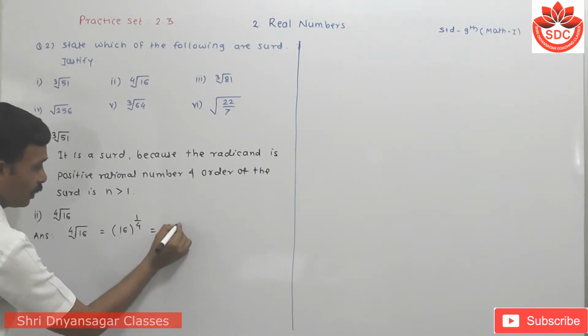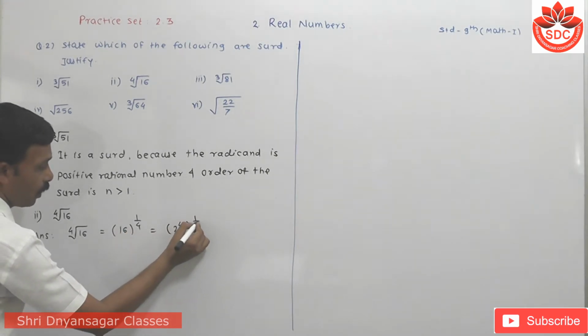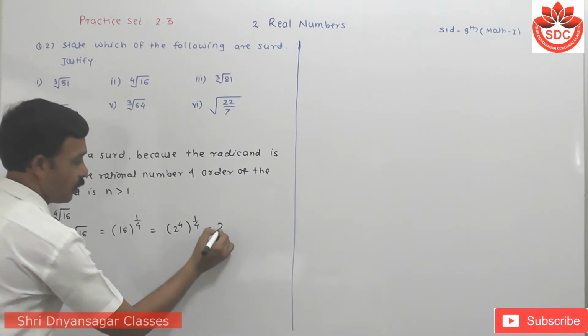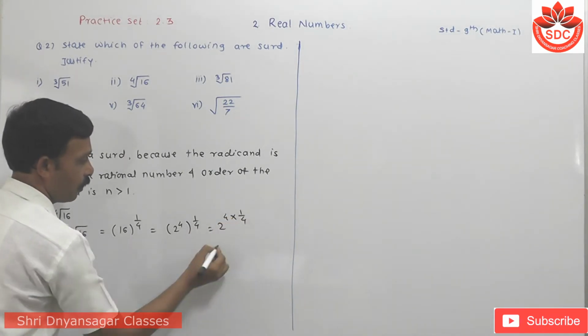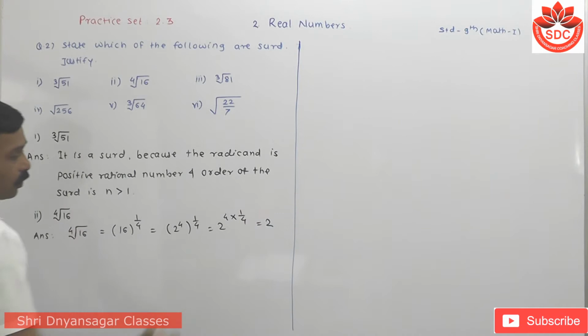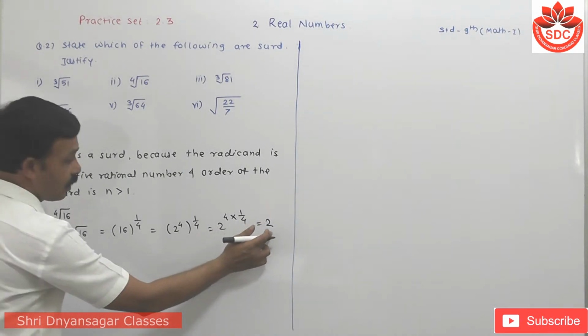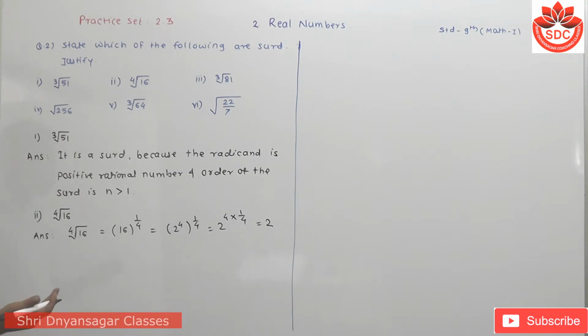Then 2 raised to 4 into 1 upon 4, the 4s get cancelled, we get 2. 2 is a rational number, not an irrational number, so this is not a surd.